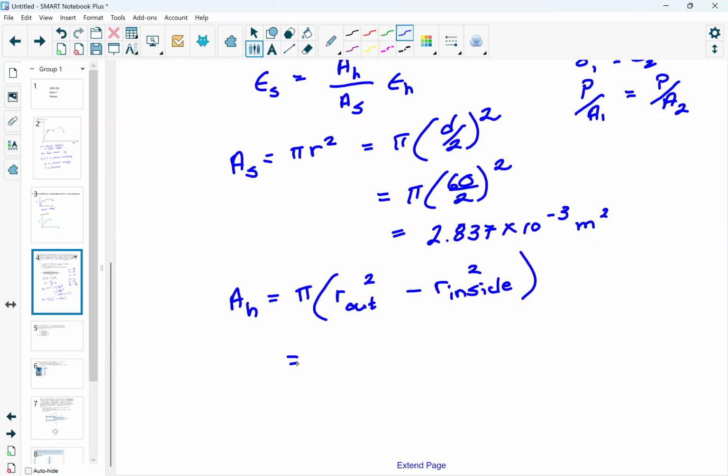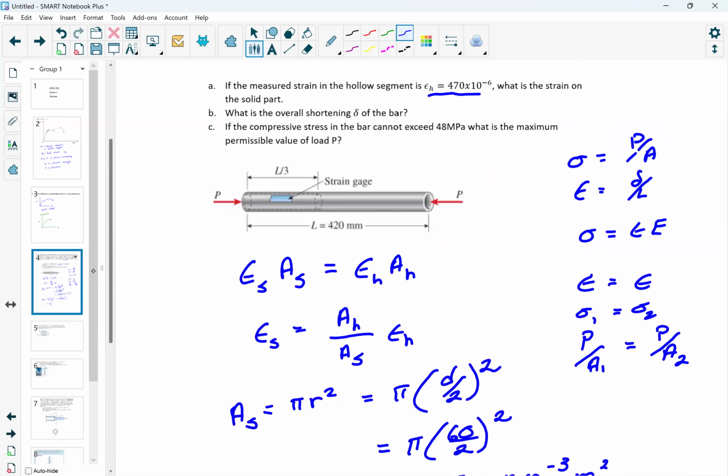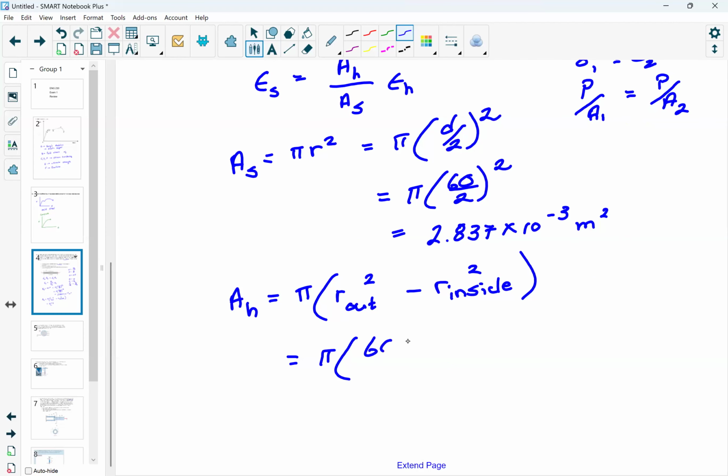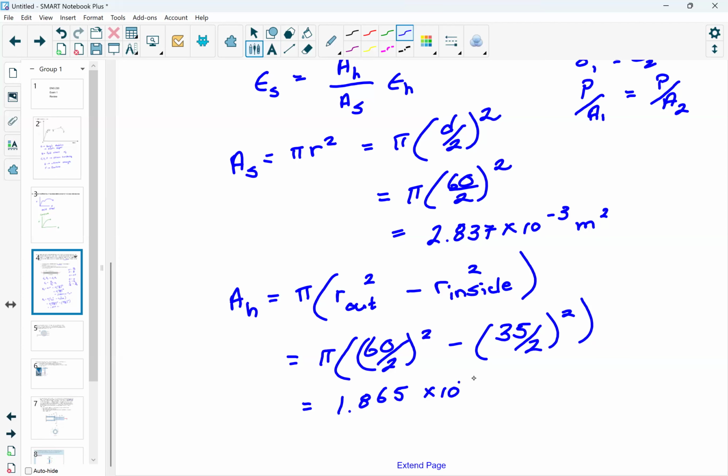R of our outside is 60, and then we have 35. So that's going to be pi times (60 over 2) squared minus (35 over 2) squared. And so that's going to give us 1.865 times 10 to the negative 3 meters squared.